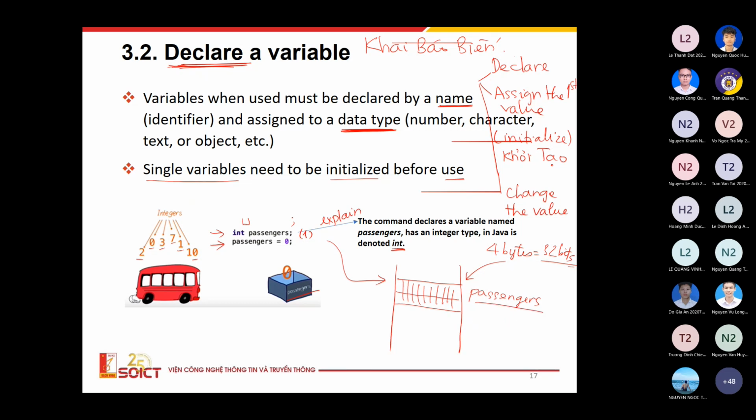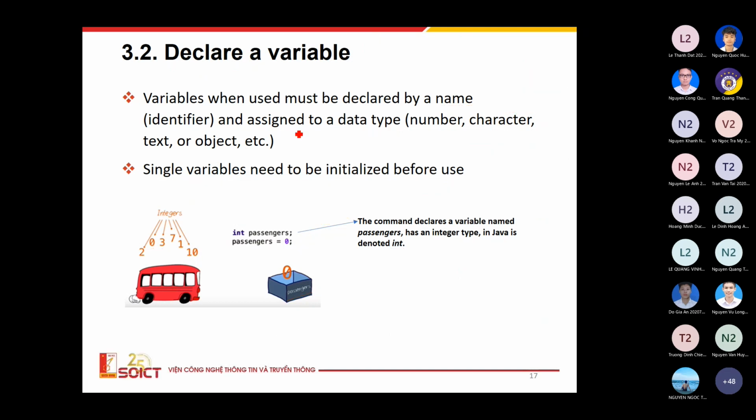Okay, and what will happen with the second statement? In the second statement, what do they write down? Passenger, and they use the assignment operator to assign some value to passenger, and they assign 0 to passenger, and you end it with the semicolon also.